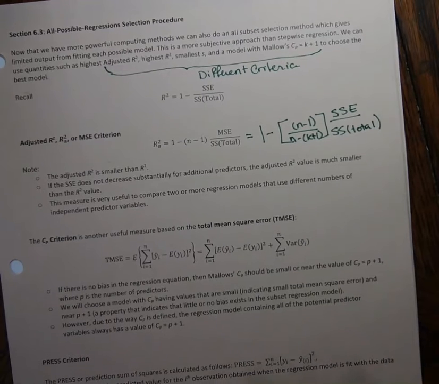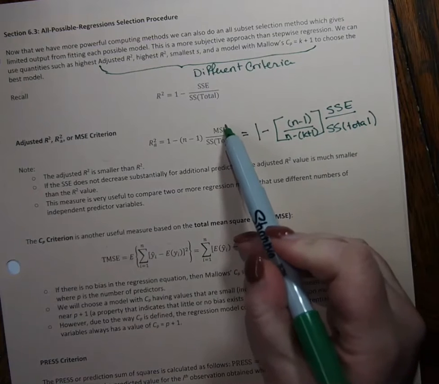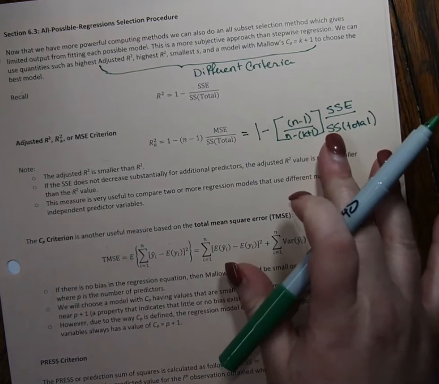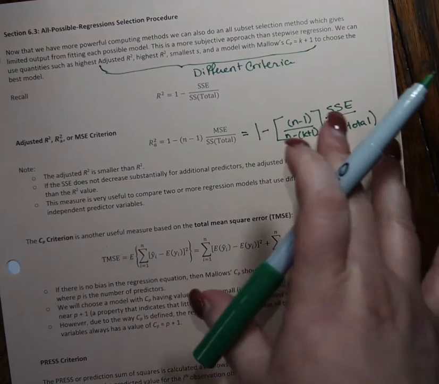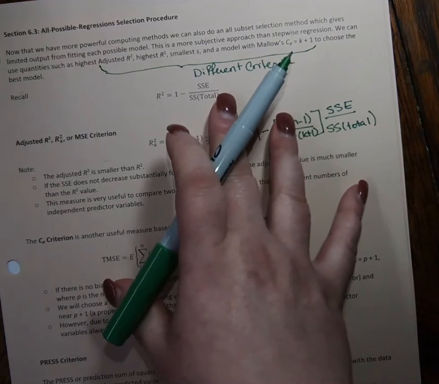Notice where this is coming from. You've got your MSE here, so all we're doing is pulling out the degrees of freedom from the MSE to write this in this form, and this makes it easier for us to see the relationship between r squared adjusted and r squared.